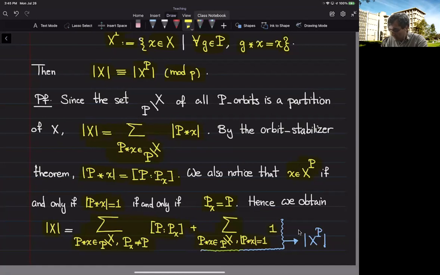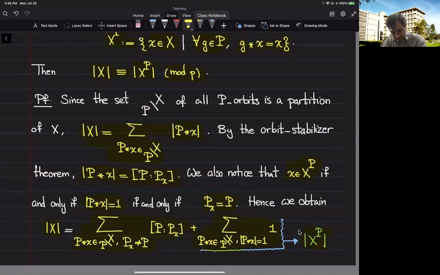And notice this summation gives me precisely the number of P orbits that have cardinality 1, because each one of them contributes 1 to this summation. So this summation tells me how many of the orbits have cardinality 1. Equivalently, how many of these orbits have cardinality 1 is the same as saying how many fixed points do we have. So the second summation is simply the cardinality of the fixed points of P.